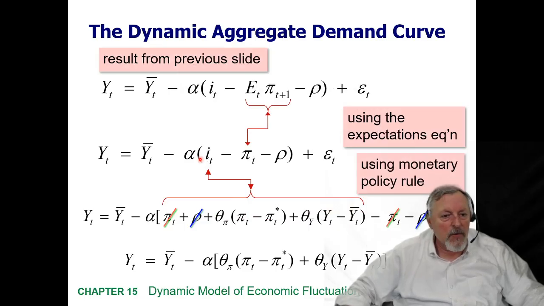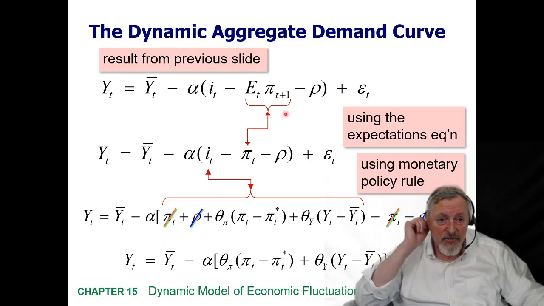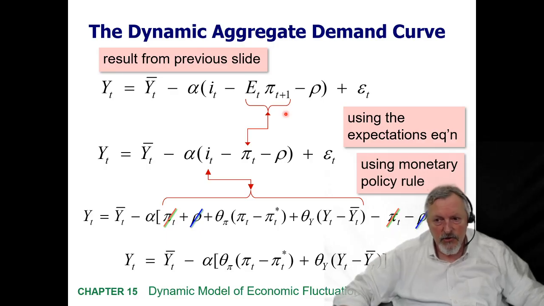Here, this is the result from the previous slide. Now, with adaptive expectations, people's best guess of what inflation will be tomorrow is inflation today. So we substitute in inflation today for people's expectations about inflation tomorrow.